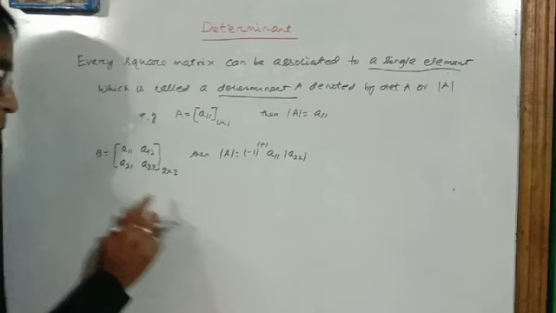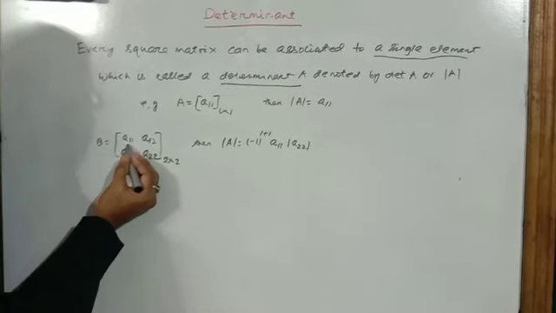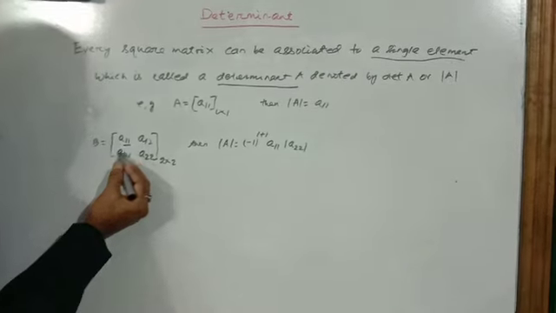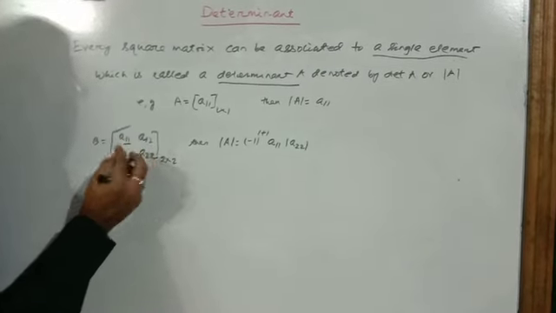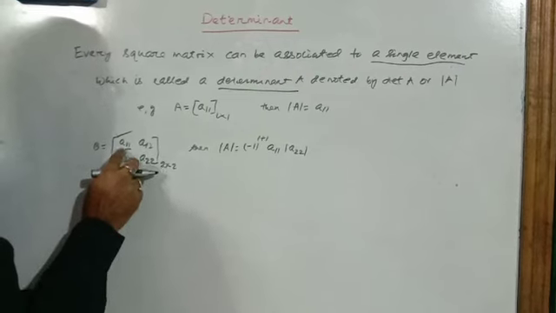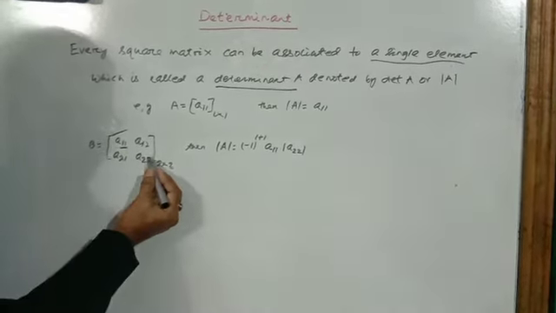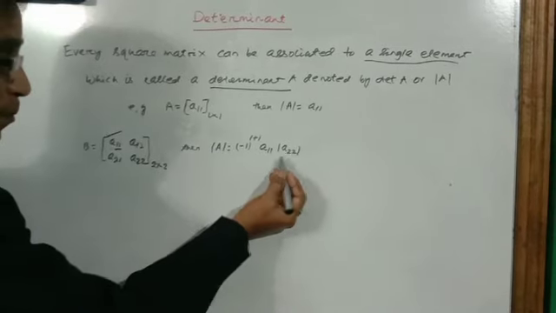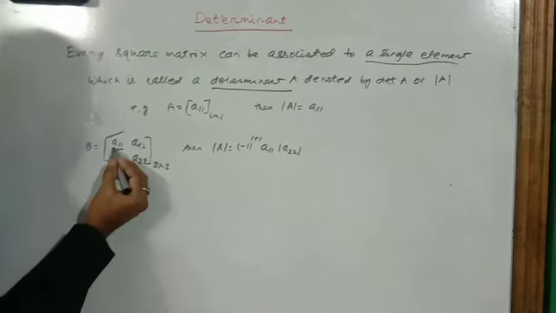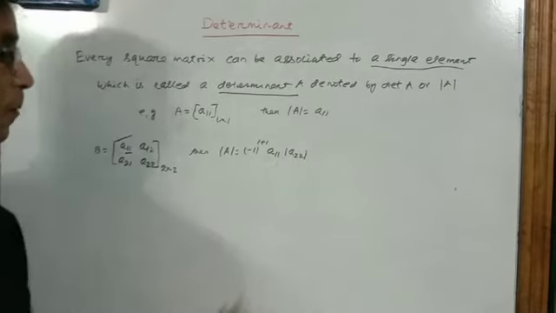Means after omitting the first row and first column, when you take A11 you have to neglect the first row and column, so we are getting the determinant of A22.